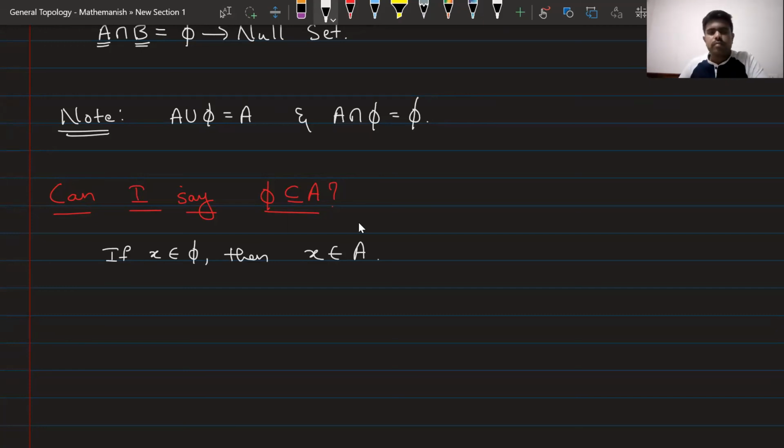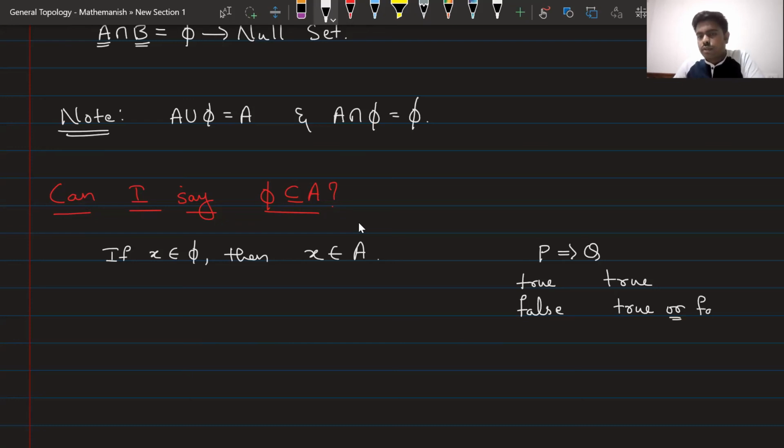This is the statement. Yesterday in the last lecture, I told you that P implies Q has this meaning. If P is true, then Q must be true. If P is false, then Q can either be true or it can be false.